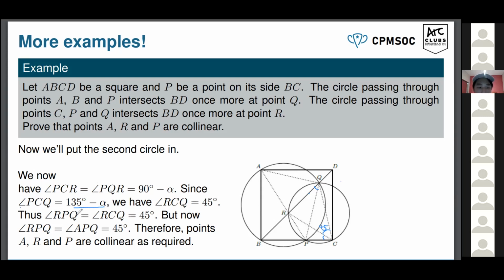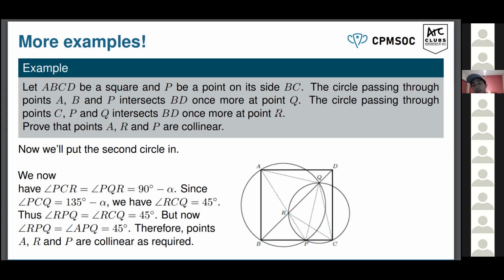Now, because RCQ is 45 and RPQ is 45, again by cyclic quadrilateral properties, and we have shown before that APQ is 45, and therefore, because this angle is the same as this angle, that means A, R, and P must be on the same line, which means they're collinear.